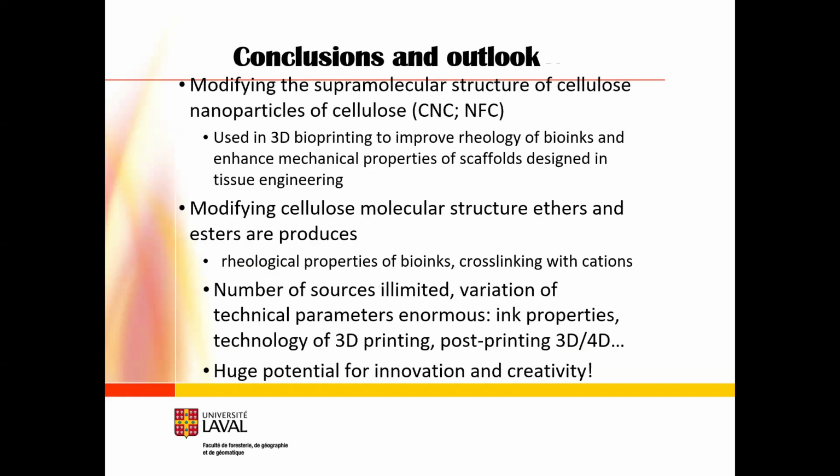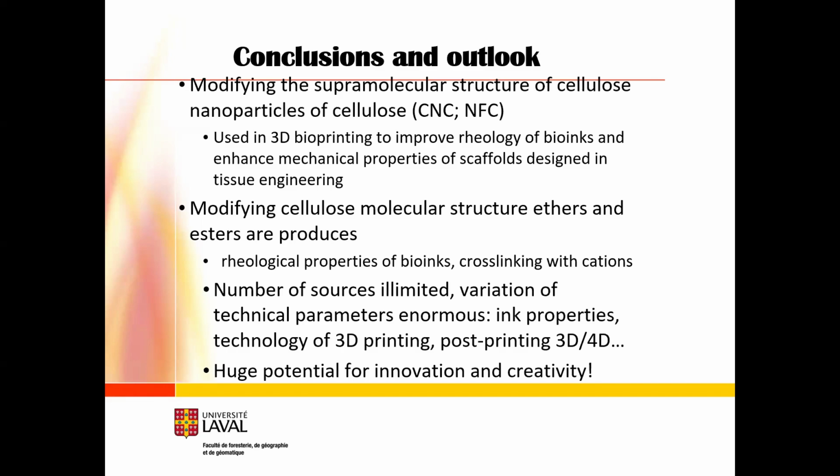And in the conclusion, what we can say is that by modifying cellulose supramolecular structure, we get access to the nanoparticles of cellulose, both nanocrystalline cellulose and nanofibrillated cellulose, while by the changes at the molecular level, we get access to ethers and esters.